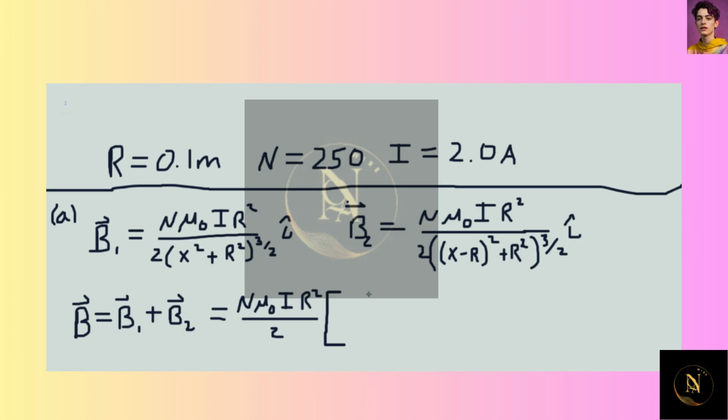The first one we have 1 divided by x squared plus r squared to the 3/2, plus the second one, 1 over x minus r squared plus r squared to the 3/2.